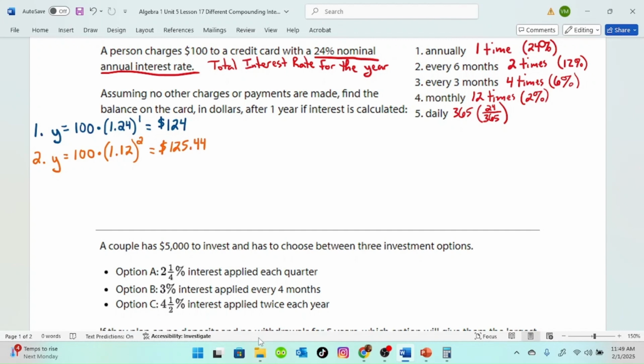And so even though this credit card claims to have a 24% interest rate, just by having you pay 2 times a year instead of once, they can make an extra $1.44 off of you.